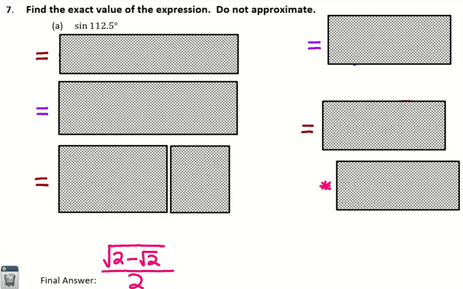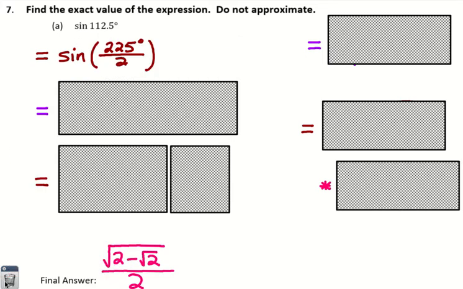How about the double angle? Can we think of a nice angle where we could say 112.5 degrees is equivalent to 2 times a nice angle? No, that won't work either. But if we rewrite it as a nice angle divided by 2, that could equal 112.5 degrees.